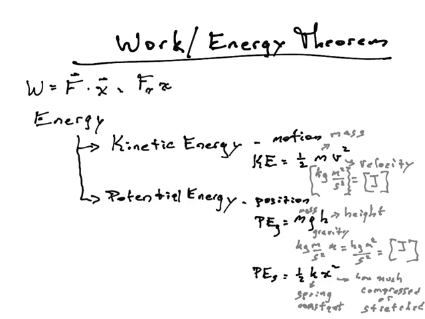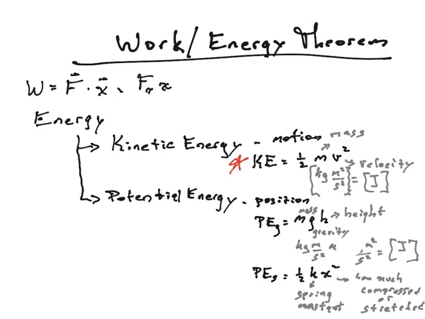So there's a potential energy about electricity and all sorts of stuff. These are the ones we're going to concentrate on in this class, gravity and spring. And like I said, don't worry about memorizing them now. I'm just introducing them. For now, what's critical is this kinetic energy. That's what we're going to be making use of in this particular lecture.